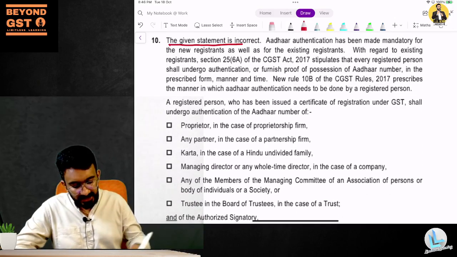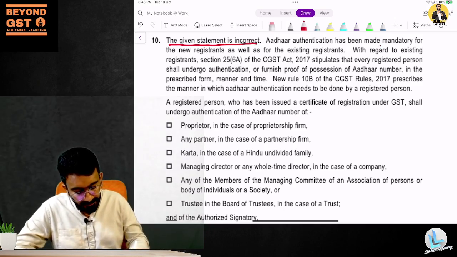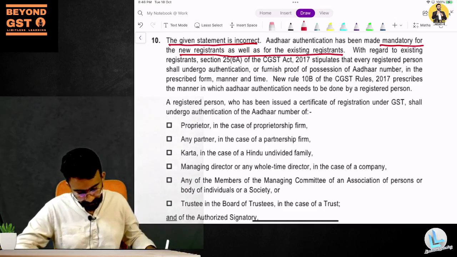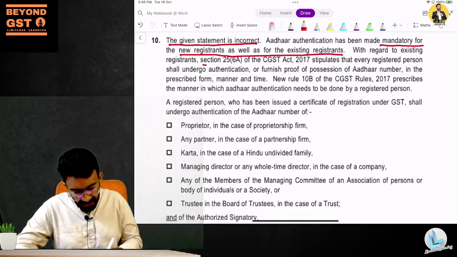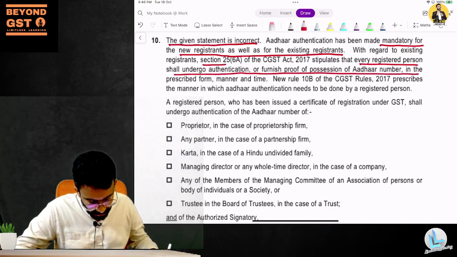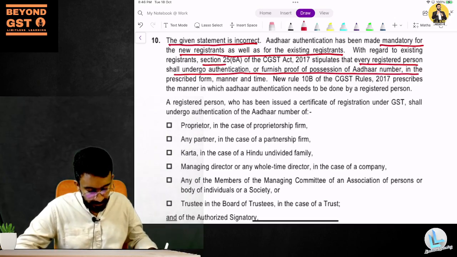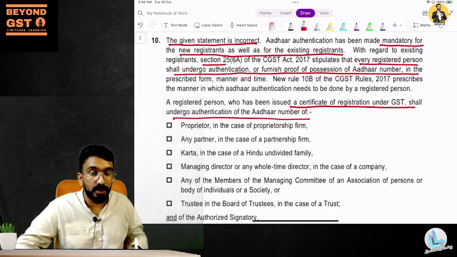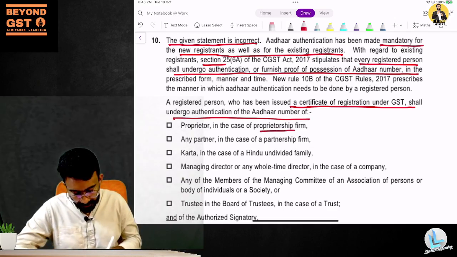The given statement is incorrect. Aadhar authentication has been made mandatory for new registration as well as existing registration. For the existing registration, every registered person shall undergo Aadhar authentication, furnish proof of possession of Aadhar in the prescribed form and manner. A registered person who was issued a certificate of registration shall undergo Aadhar authentication. If it's a proprietorship firm, proprietor's Aadhar.